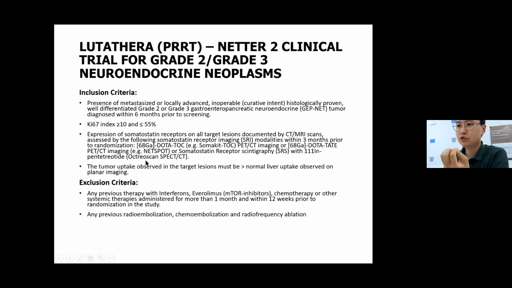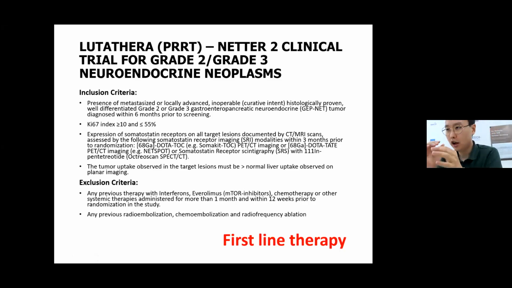The interesting part of the design of this trial is the exclusion criteria: it excludes patients who previously received other kinds of therapy, including interferon, everolimus targeted therapy, or chemotherapy. The actual purpose of this study is to see whether lutetium dotatate, Lutathera, can be used as a first-line therapy in grade 2 or 3 neuroendocrine tumor patients.